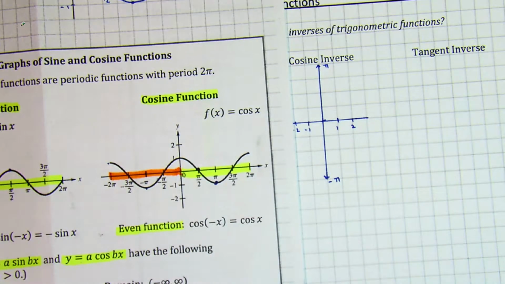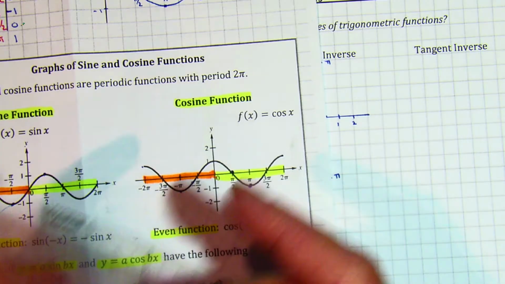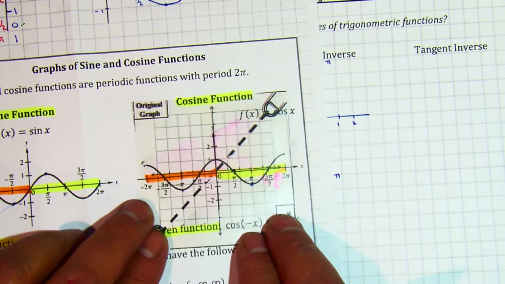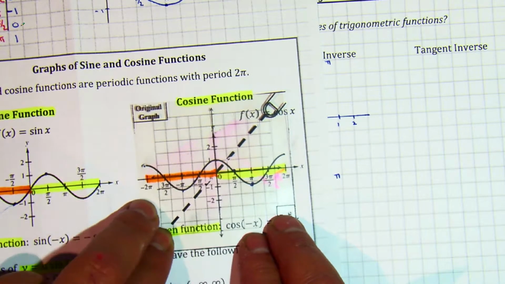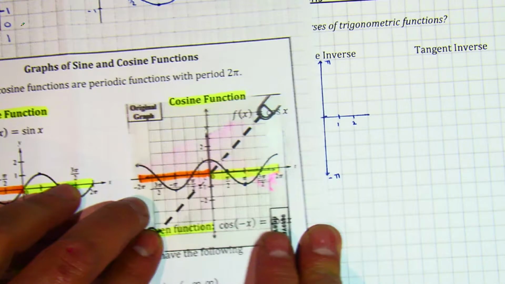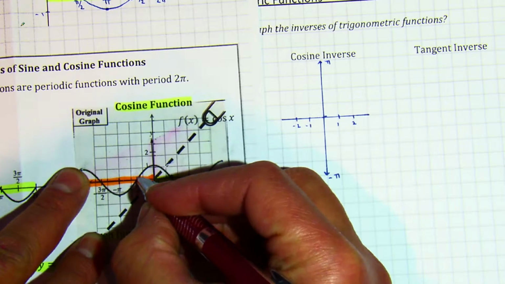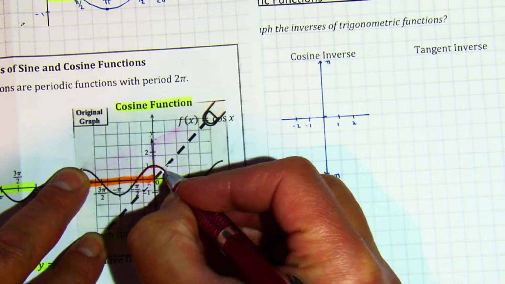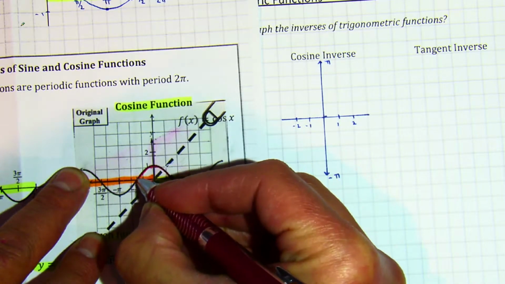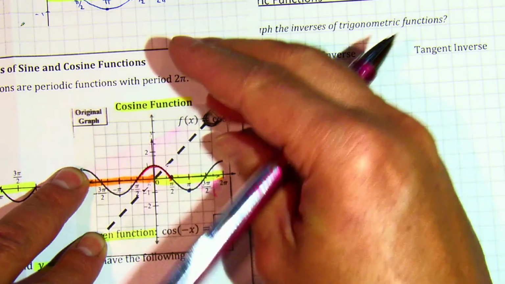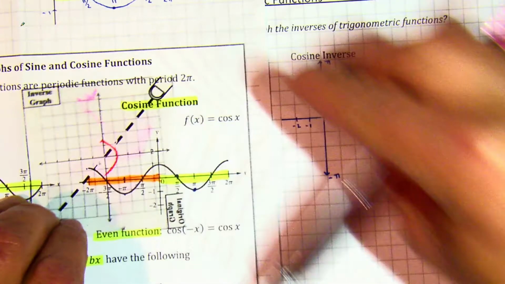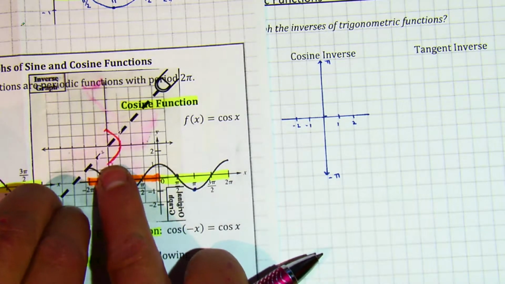And we have the same problem. If we actually take the entire graph, we know that our inverse is not going to be a function. If I take the same points from negative pi over 2 to pi over 2, if I get this part of the graph, when I take the inverse, it is not a function either for that section.